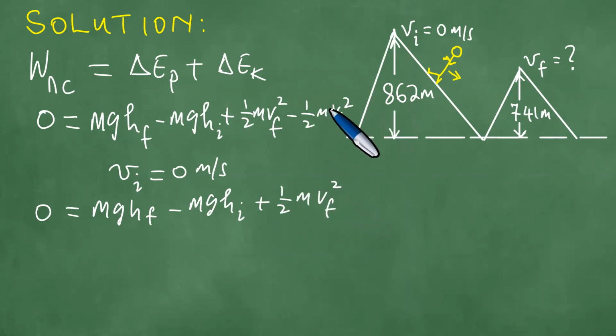This term becomes 0. Right, we divide through by the mass, and we multiply through by 2, and we factorize after transposing these terms to other sides.